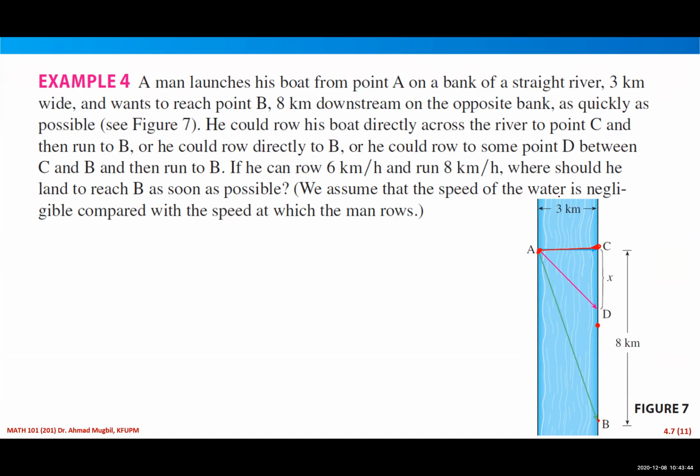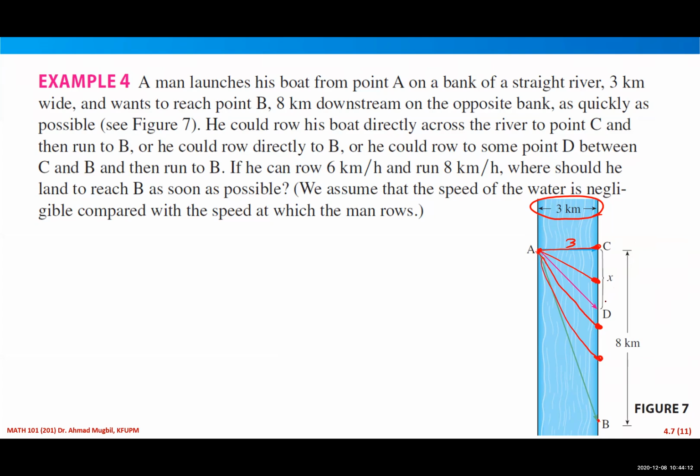The width of the river is 3, so this is 3, and he is 8 kilometers down the opposite bank. So the horizontal distance from him to this point is 8. So here it is. And this means, ya Shabab, that he could run to here, he can go through his boat to here or to here.